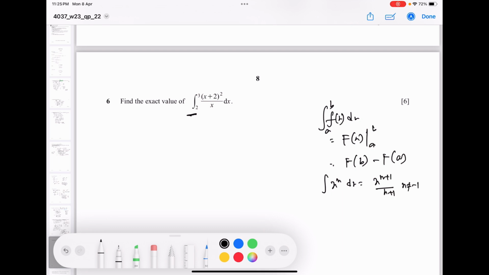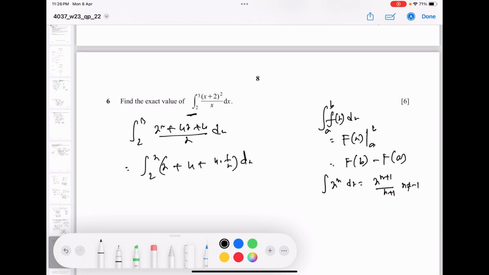Before doing the integration, let me simplify. (x plus 2) whole squared is x squared plus 4x plus 4, divided by x, dx. Simplifying more: x squared by x is x, 4x by x is 4, and then 4 times 1 by x dx.